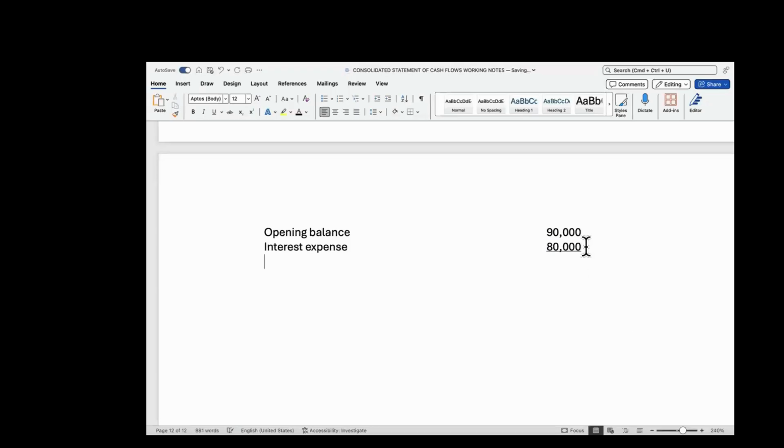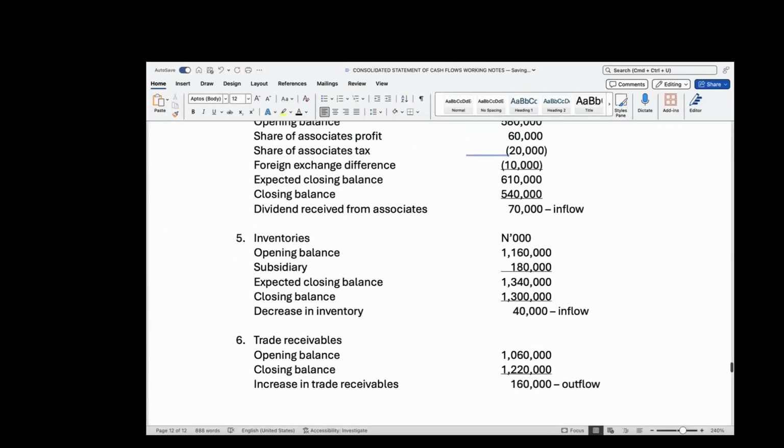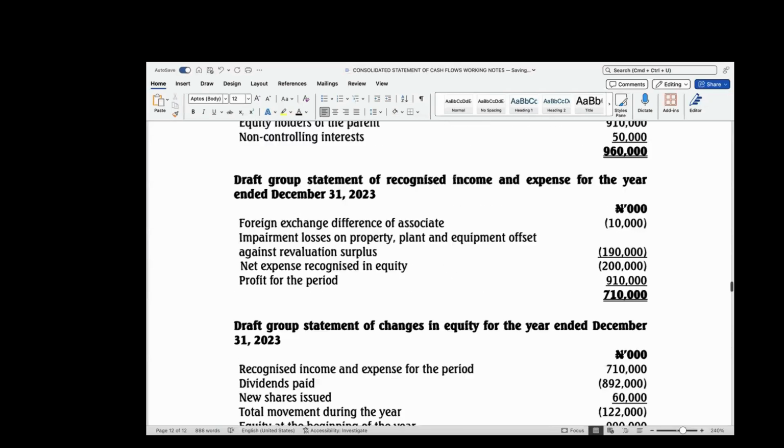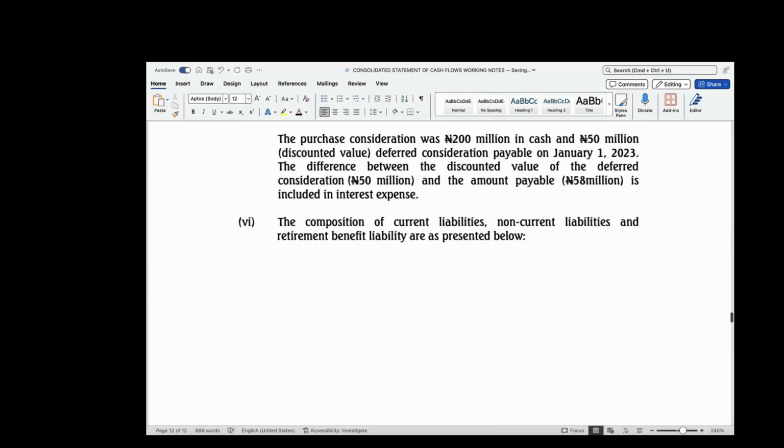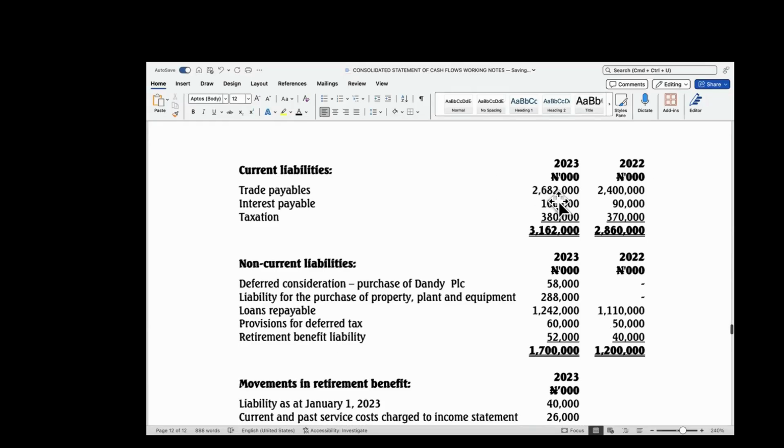What was my expected closing? That's 170. But what was my closing balance of my interest payable? 100.